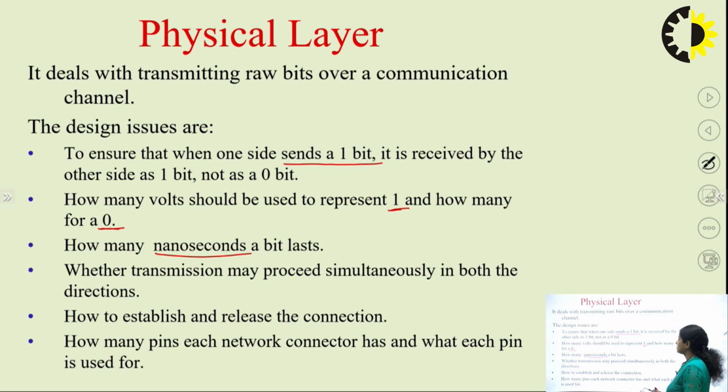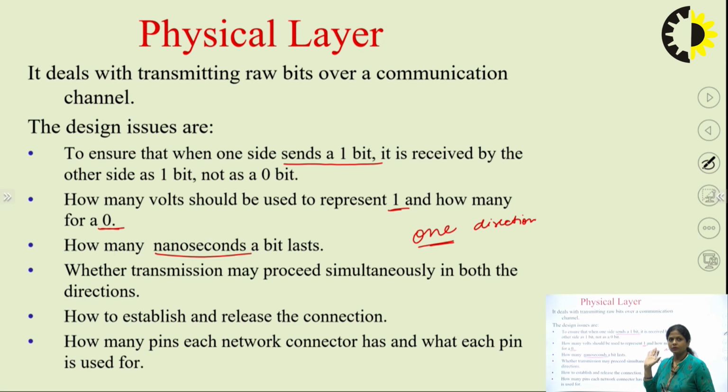Whether transmission may proceed simultaneously in both directions or in a single direction. Now what does it mean by single direction and multiple direction, or full duplex mode? When we say the transmission may proceed in one direction only, for example, television, right?